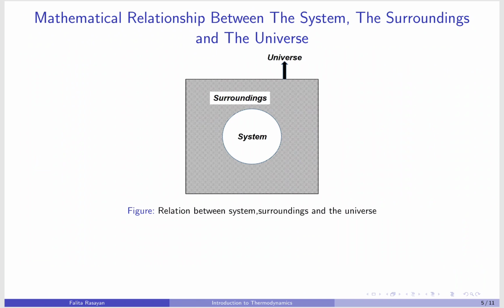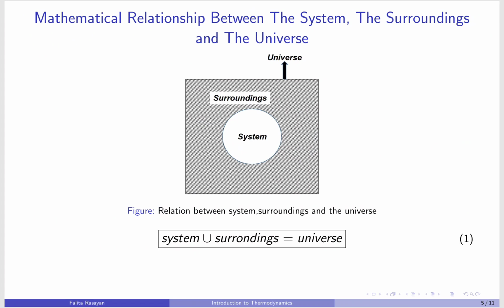If you use set notation, the equation is: system union surroundings is equal to the universe. So when we take all the elements of the system and the surroundings, we get the universe. And if we see whatever is common between system and surroundings, that is, system intersection surroundings, it is a null set, a set which has no elements in it.